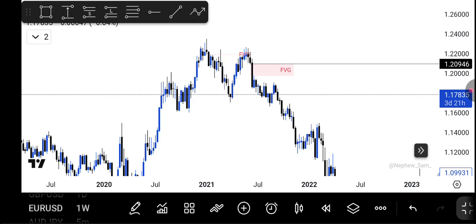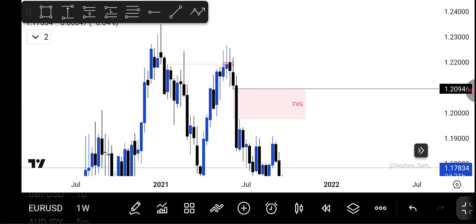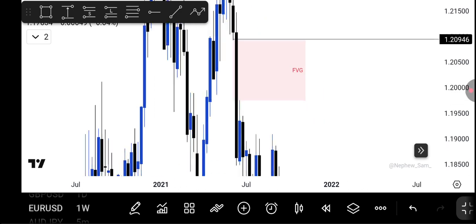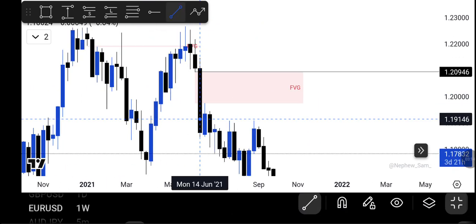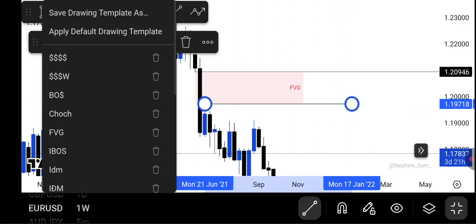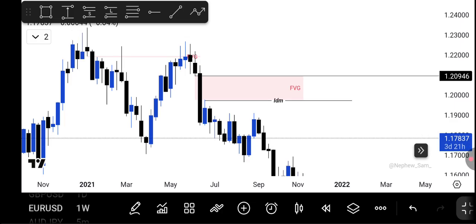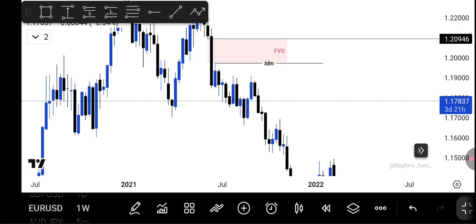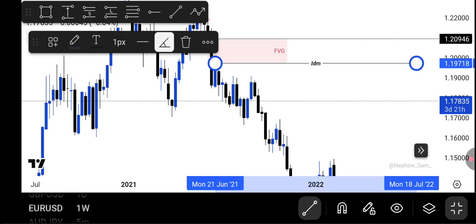Now, as you can see, this point of interest is giving us, first thing, inducement. Inducement is one of the liquidity that people use in the market.